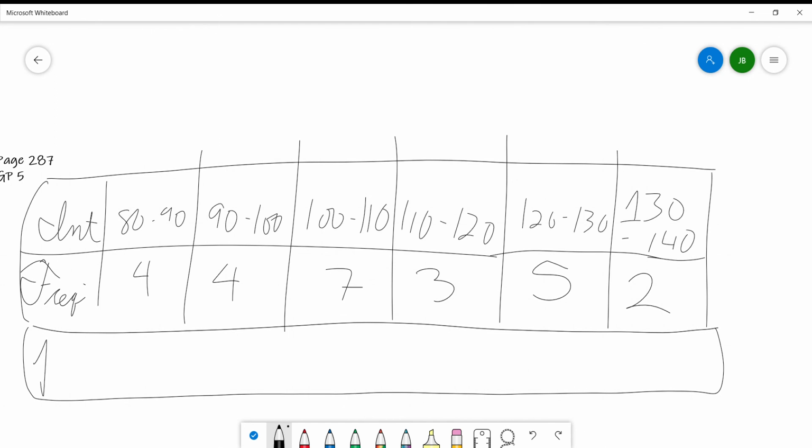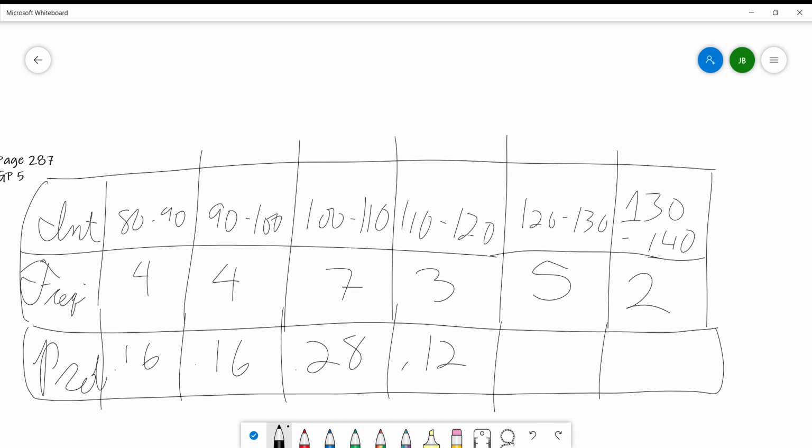All right, so now we have probabilities: 0.16, 0.16, 0.28, 0.12, 0.20, and 0.08. Do these add up to 1, y'all? Let's check it out. I did it in my head and I didn't come up correctly.